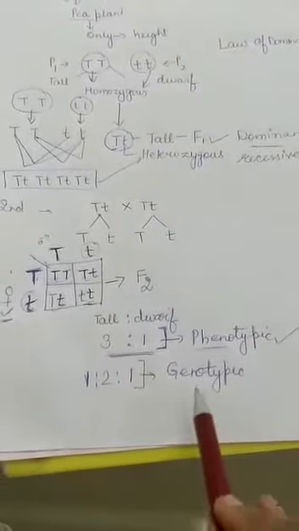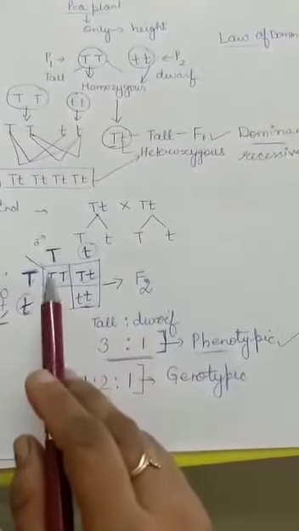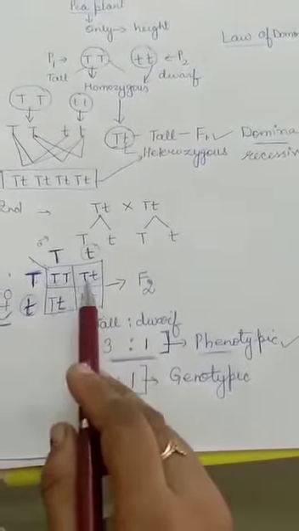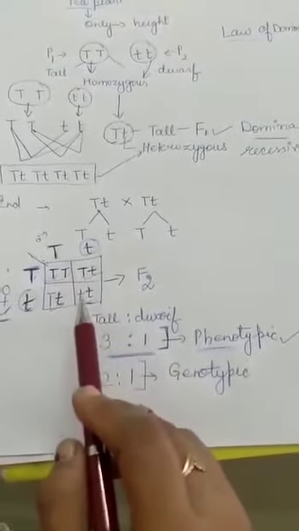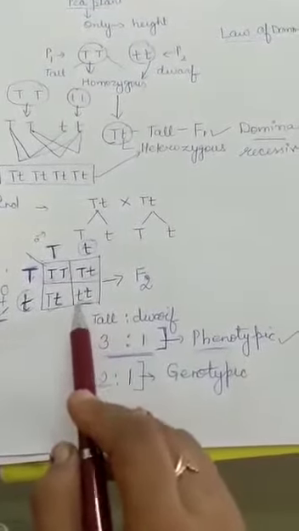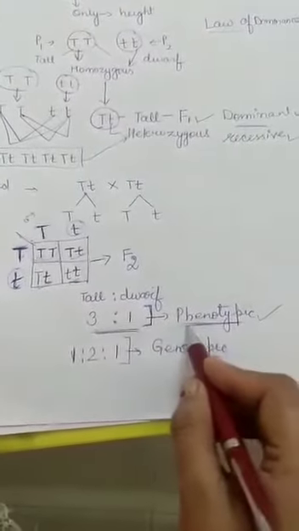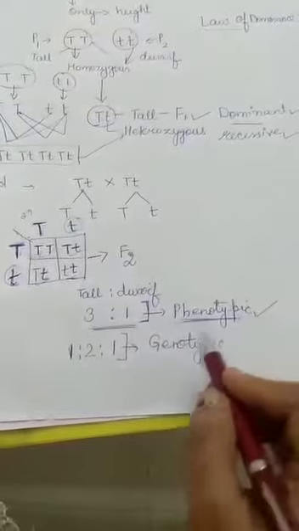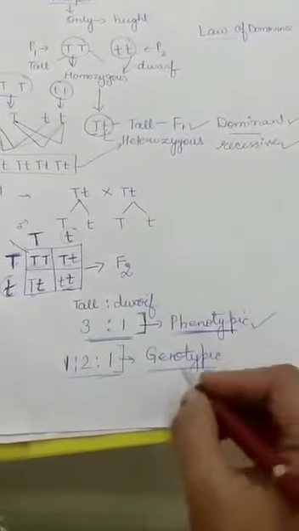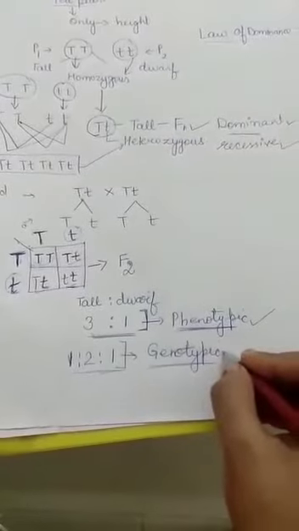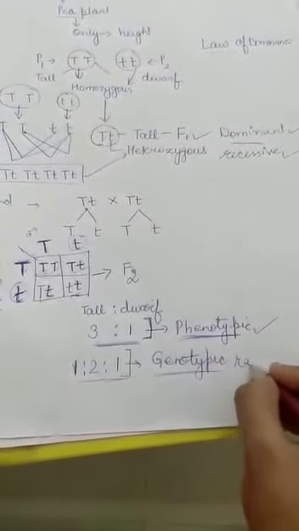But when the genotype was checked, one plant had one type of genetic makeup, two plants were similar in genetic makeup, and still one had a different type of genetic makeup. So when we observe the plant physically, we call it the phenotypic ratio, and when the genome is checked, the ratio which is obtained is called the genotypic ratio.